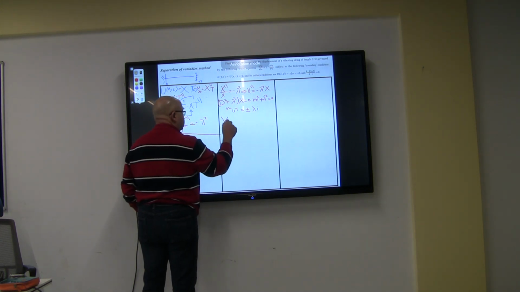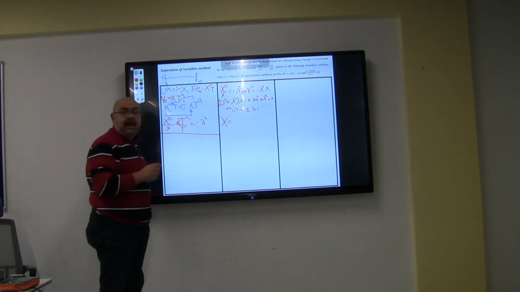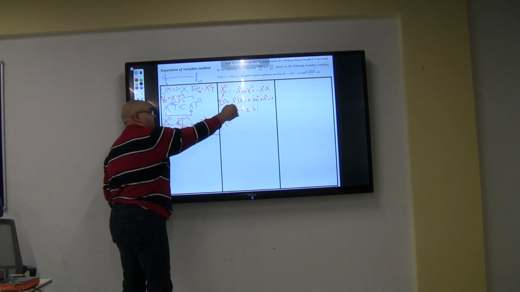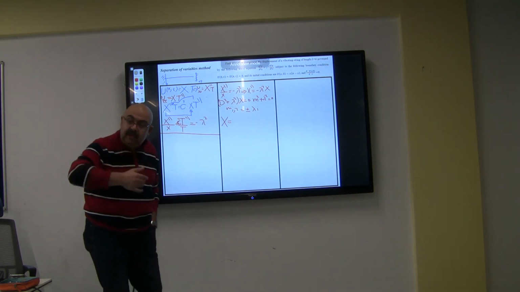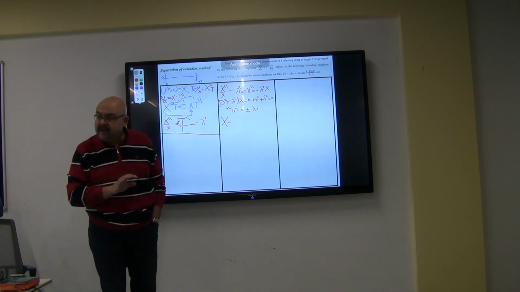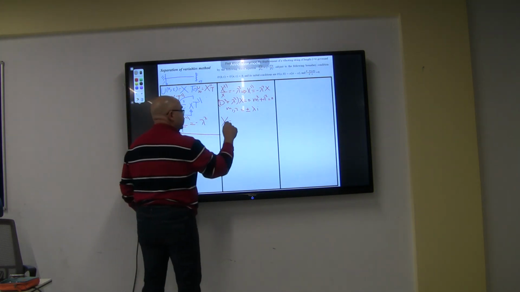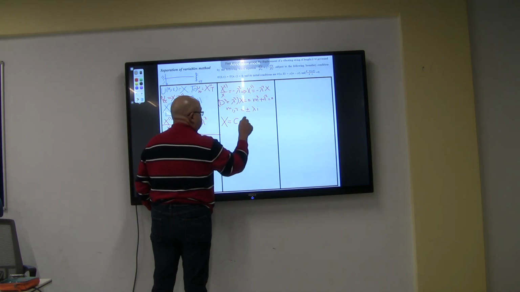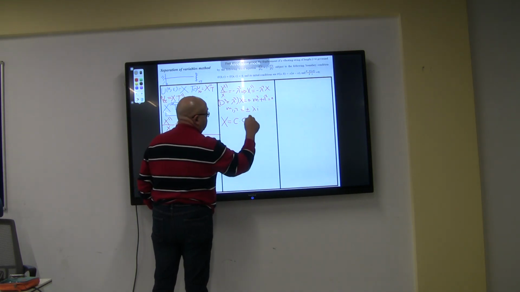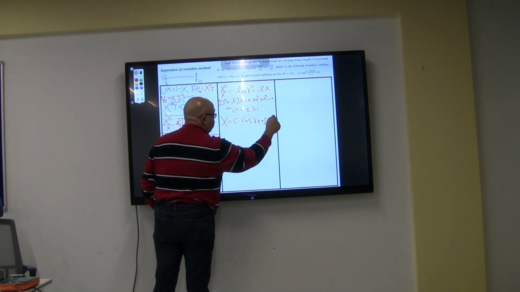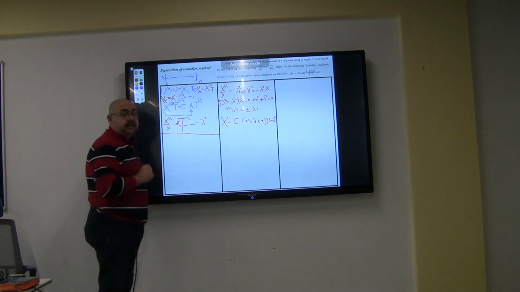What will its form be? If you have a complex value, it is going to be e to the power of a times cosine and sine. But since a is 0, you will be dealing with c times cosine lambda x plus d times sine lambda x. This is the x part.